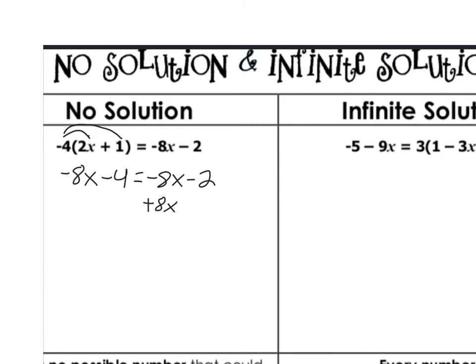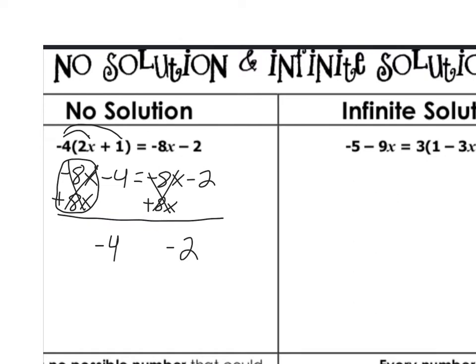And that would cancel this out. But when we add 8x on the other side, that'll also cancel that out. That'll turn that into 0. So we're left with no variable. We're just left with two constants, -4 and -2.